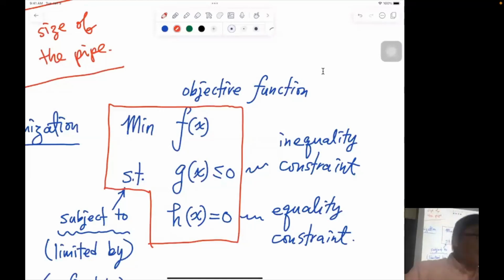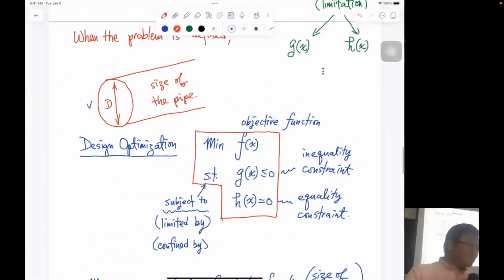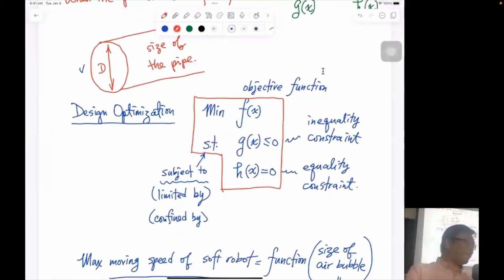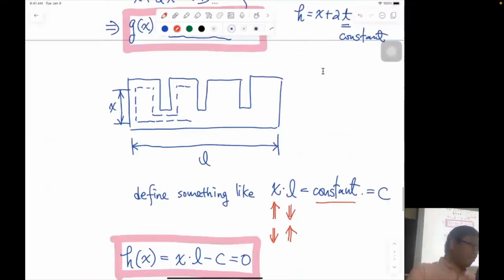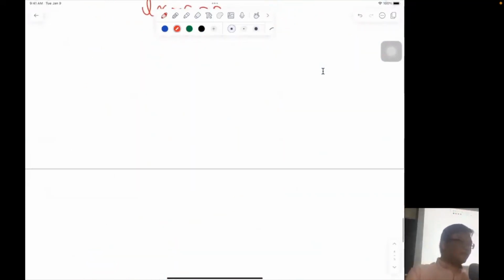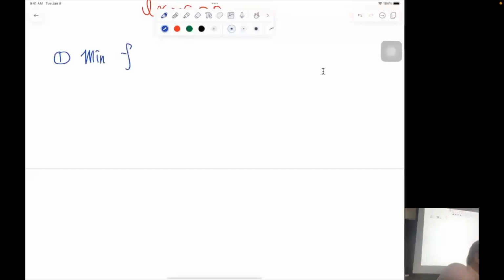Okay, let's get back to optimization. Let me give you a very simple problem. So simple, you know the answer right away. First example. What is the answer? x equals to what?